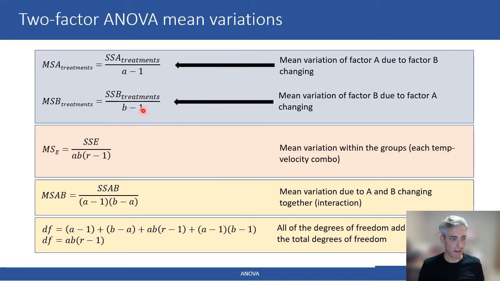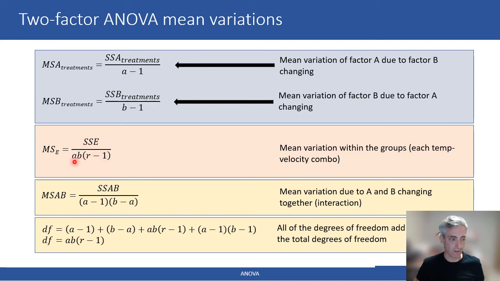The mean square error is the sum of square errors. If you remember, this is like the variation within each combination of speed and temperature. So we have to consider that the mean for each combination of speed and temperature was made up of 2 replicates. So if we calculate the variance, we have to do the Bessel correction on that. And then, of course, there were A times B different boxes.